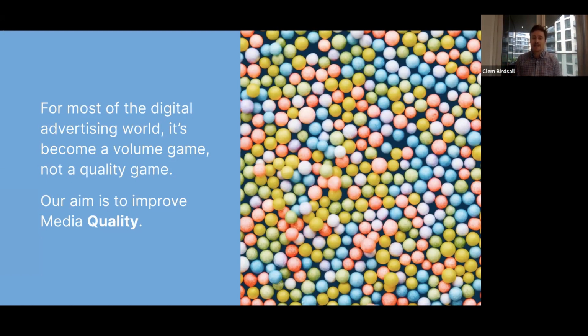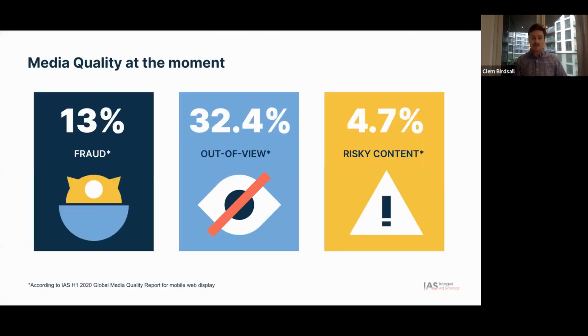At IAS, our goal, and why we work with publishers, advertisers, platforms, DSPs, exchanges and everything in the middle, is that we're trying to help the market move away from a volume game and make it all about quality, so that advertisers and suppliers are transacting on impressions that are going to make the biggest difference to the advertiser and the consumer at the end of the day.